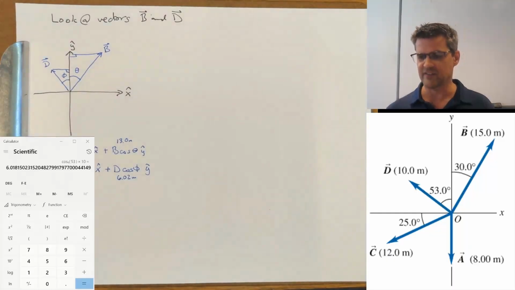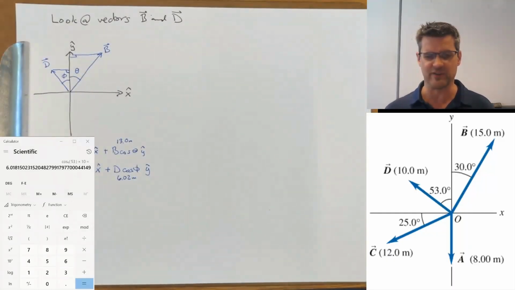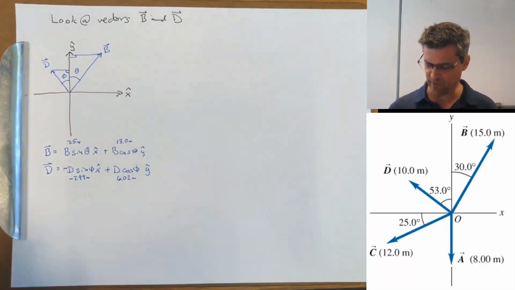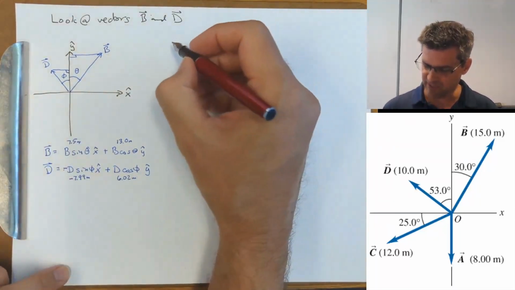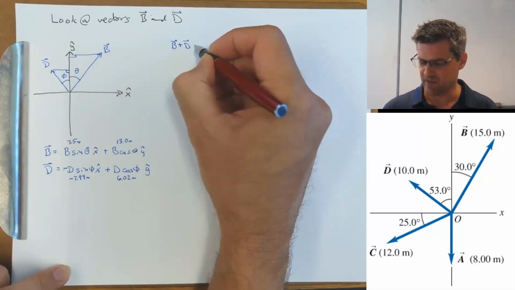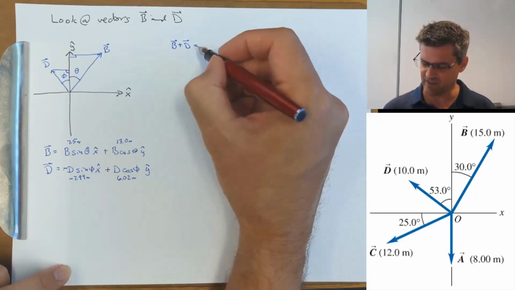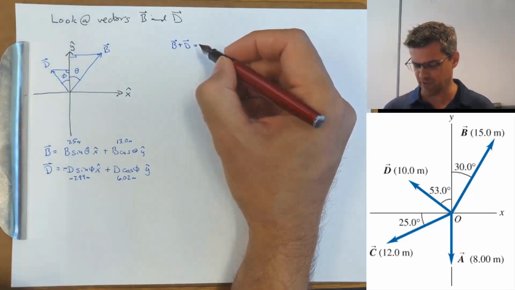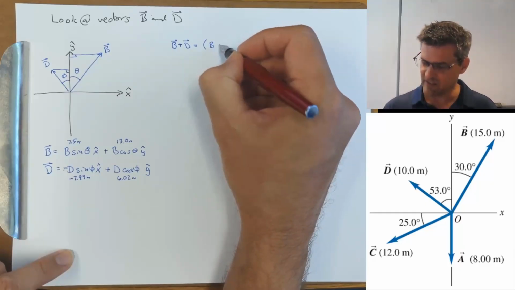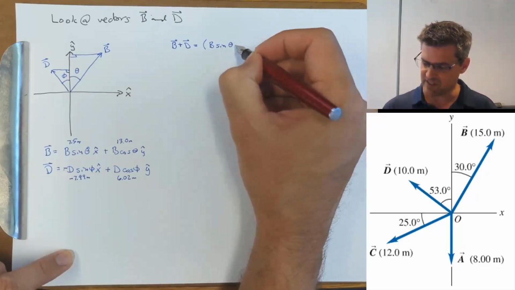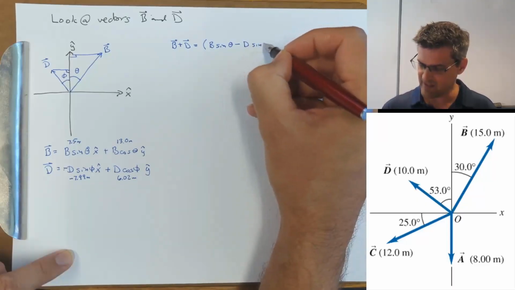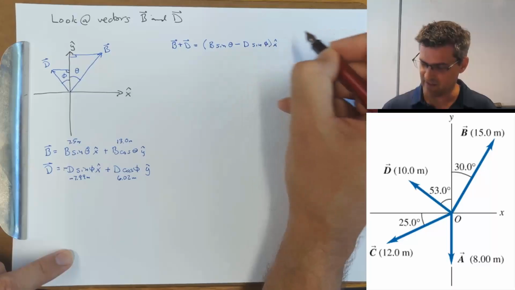Now given this, there's a couple of other things that we might want to do. What if we wanted to find B plus D? The way we find B plus D is, graphically we could have put things together, but I know these components. B plus D is B sine of theta minus D sine of phi in the x.